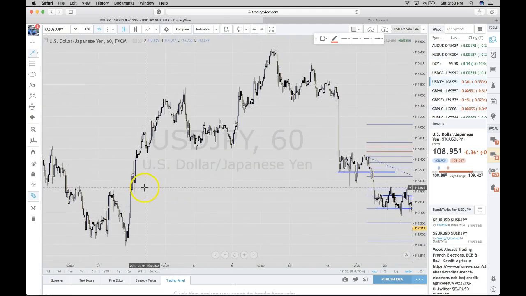So this area right here is a 23.6 move. This area is a 23.6 move. Very drastic also. Similar to a 38.2, but 38.2 is an actual PRZ level.